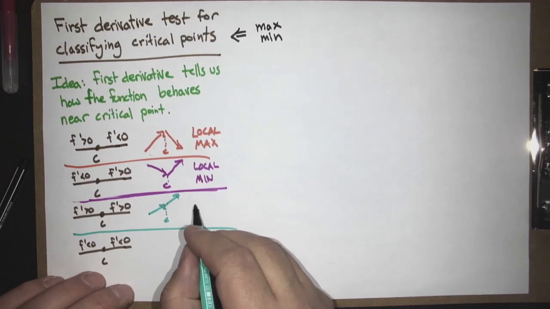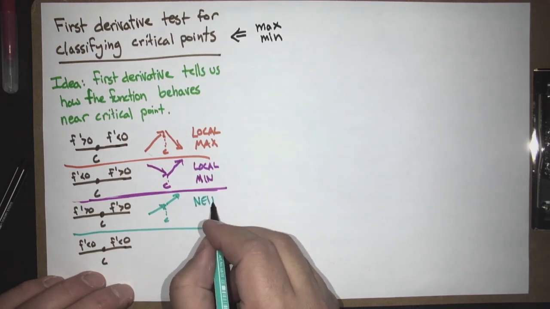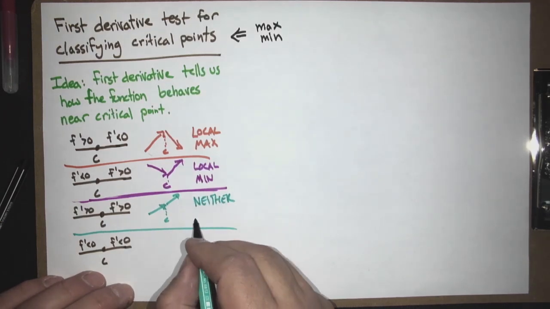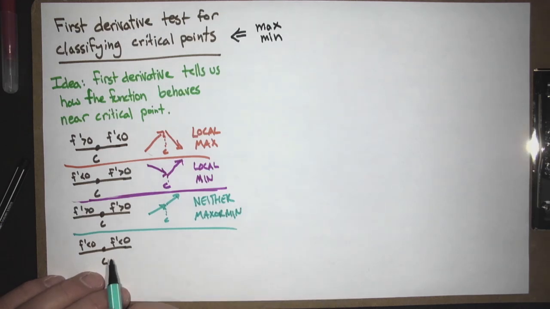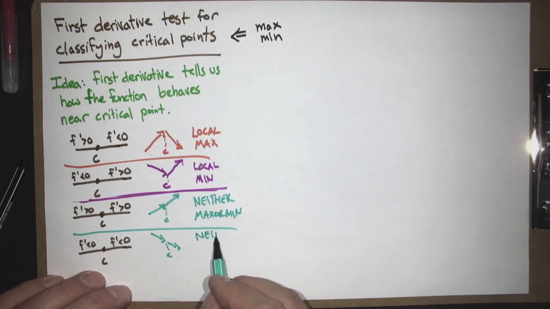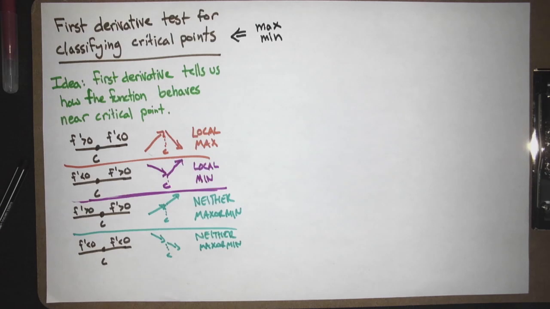It's neither max nor min. Okay, what if we're negative and negative? What's our behavior? Going down, going down. So we're neither again. And that's the rule of thumb.